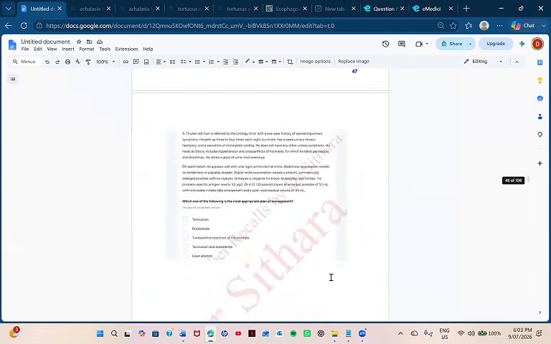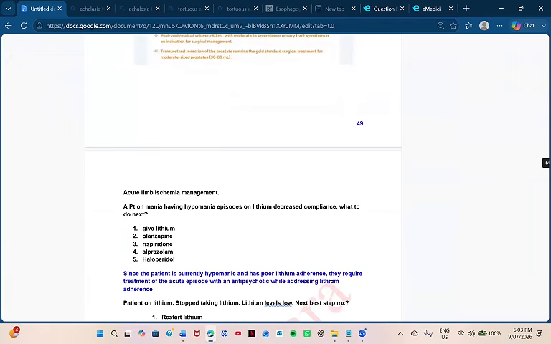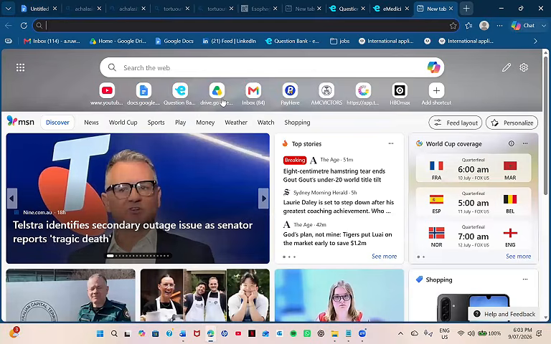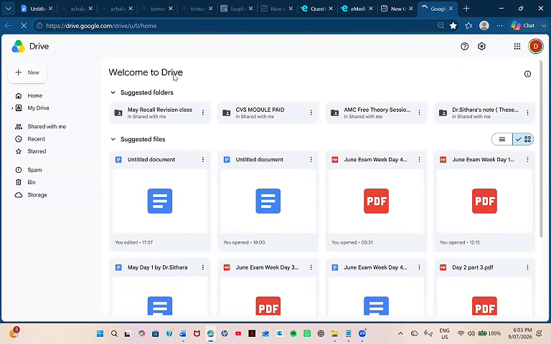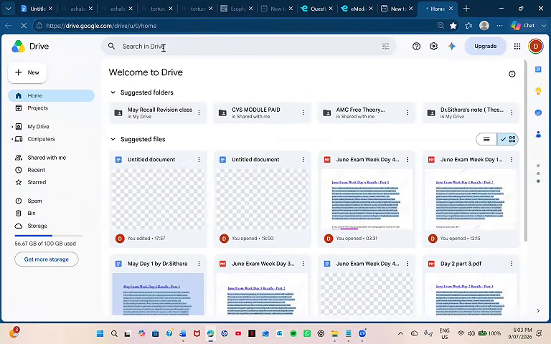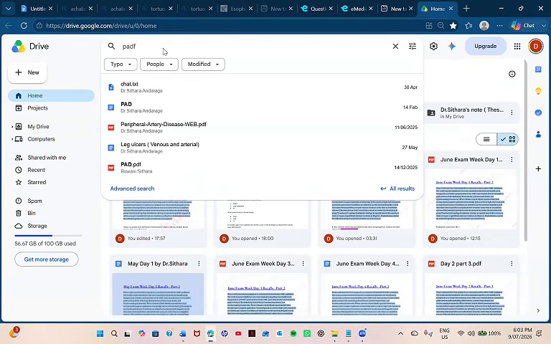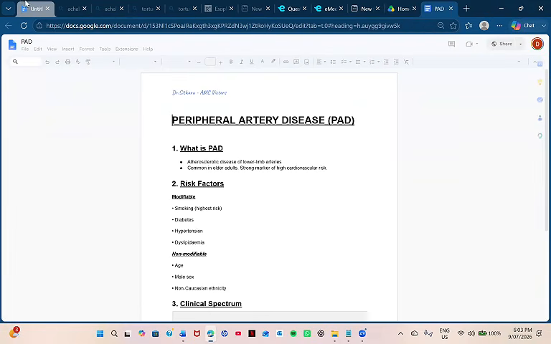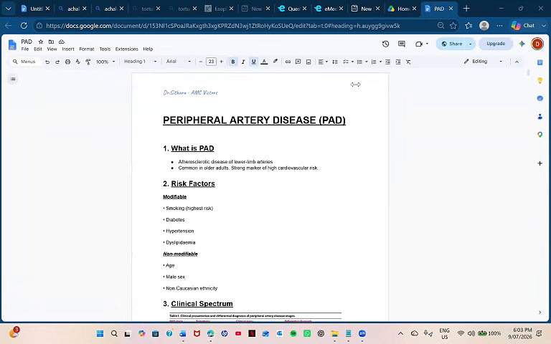Okay, so acute limb ischemia management. Tell me the acute limb ischemia management. Easy question. It is in the chat. Yes, okay.